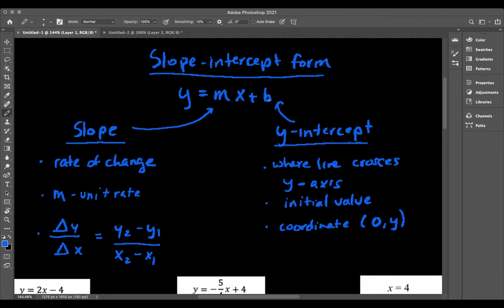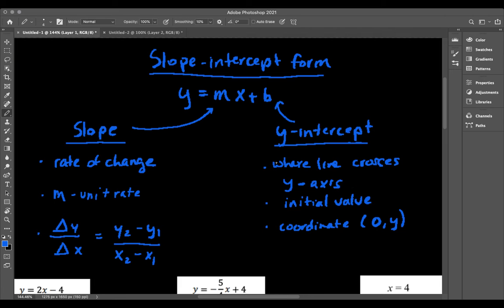Now the b portion of this equation is the y-intercept. So what do we remember about the y-intercept? It's where it crosses the y-axis. Sometimes it could be the initial value in the equation. For example, you started with $30 on the gift card.